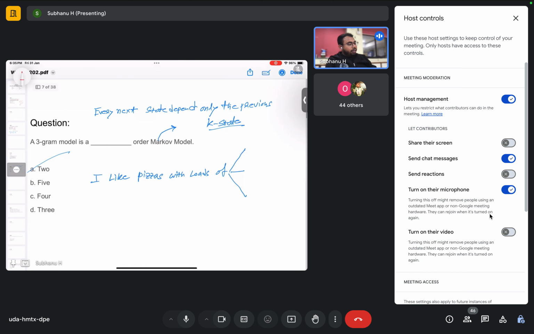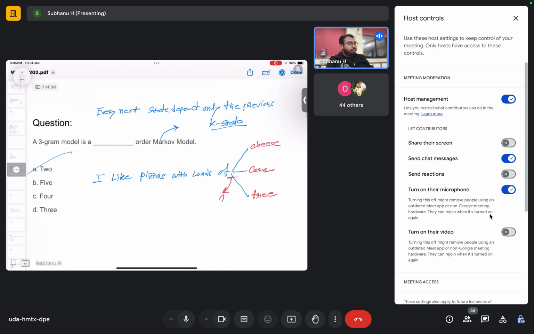So what can be here? It can be cheese, it can be corn, it can be tree, or it can be chicken. Suppose you have three options to choose the next word from. Which word will we predict?